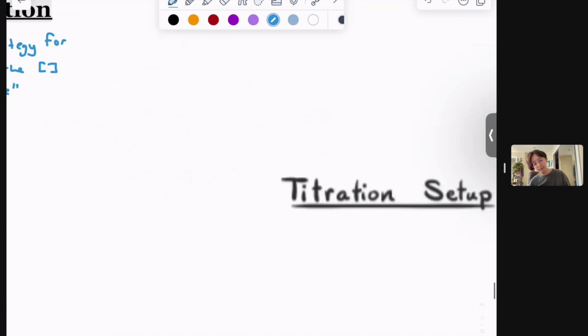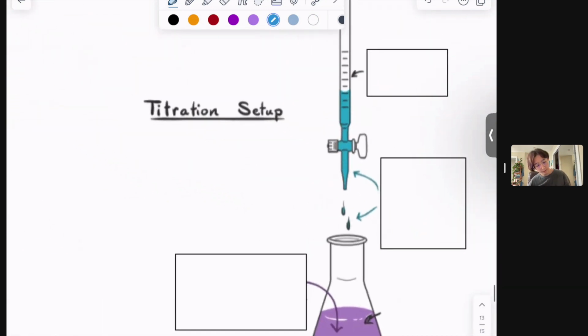So the setup always looks like this. You have a fancy piece of glassware with all these little notches on it, these little measurements, and that is called a burette.